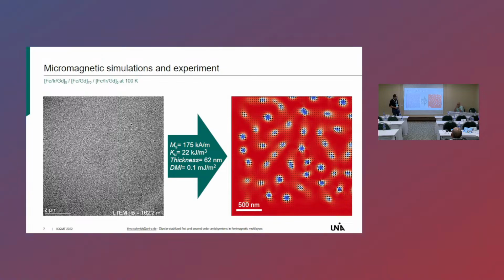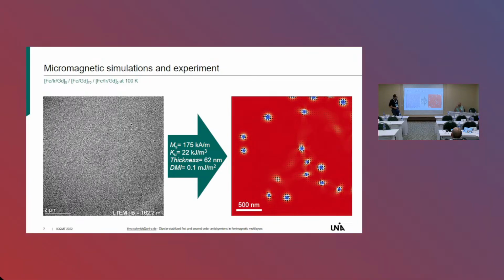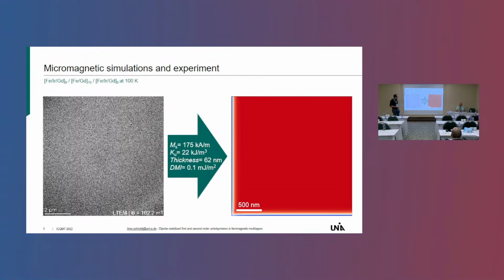Then the bubbles disappear because they're not really stable. Then the anti-Skyrmions, you can't really tell from that perspective. But the Skyrmions are the most stable, and they stay there until it is almost saturated. So a good fit to our experiment, let's say.